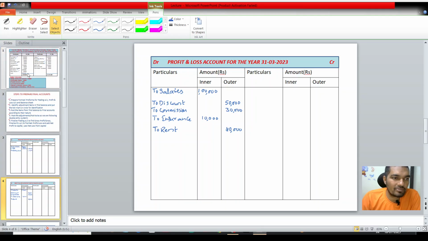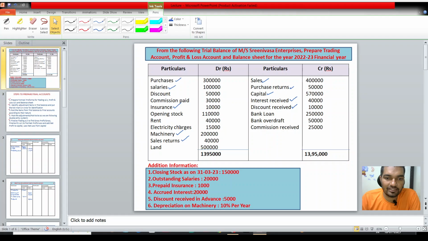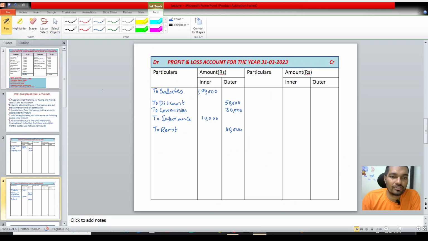If nothing is mentioned, with no clarity on this kind of charges, we have to directly show it on the P&L account debit side. So to electricity charges, indirect expense, amount 15,000 rupees.